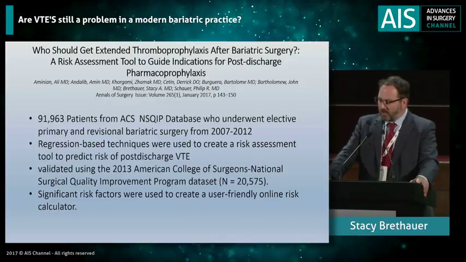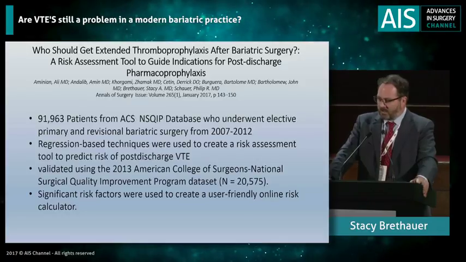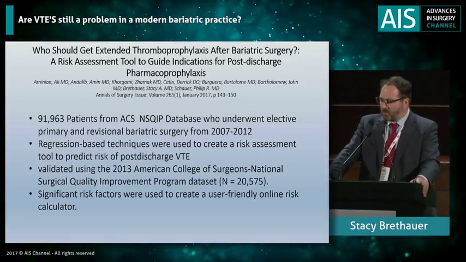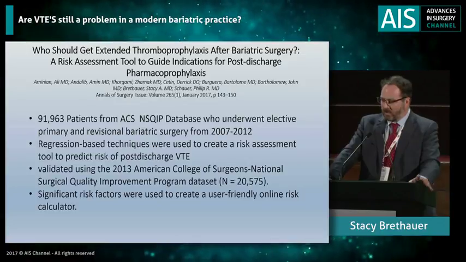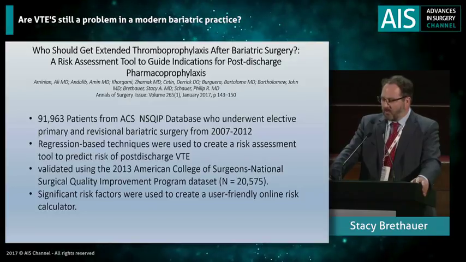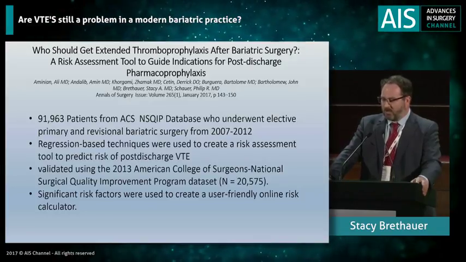And he used it to validate this data, using 91,000 patients, again with primary and revisional bariatric surgery over a 5-year period.